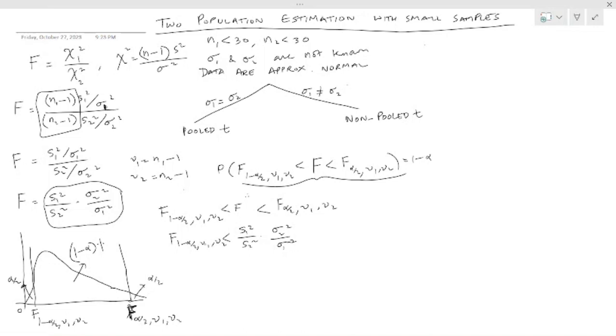If we take notice of the ratio of population variances here in the center, it is in the order of 1 is to 2, and we prefer to write it in 1 is to 2 order. Therefore, we can take the reciprocal of the entire inequality.